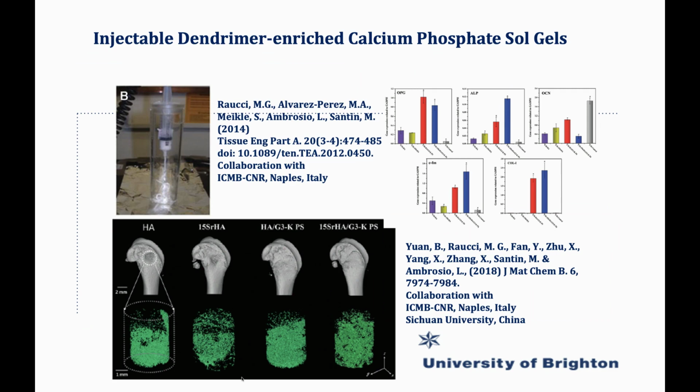When the dendrimers, and again these are the dendrimers that have been functionalized with the phosphoserine moiety, are added to calcium phosphate salt gels, we can demonstrate that it improves their injectability properties. They induce progenitor cells to become bone-like cells, and when implanted in vivo, they accelerate the formation of bone.